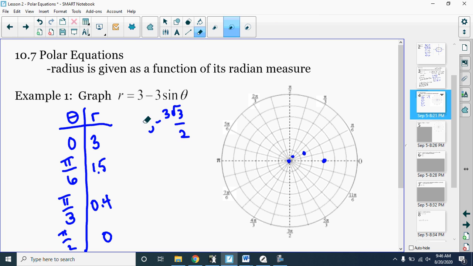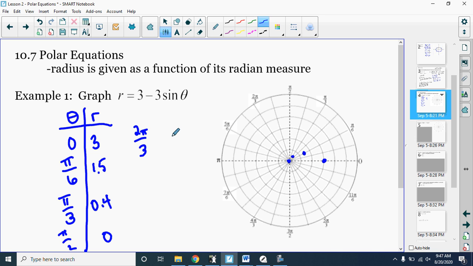And continue on. 2 pi over 3. 3 minus 3 times sine of 2 pi over 3 gives me that 0.4 value again. 5 pi over 6 gives us 1.5. Plugging in pi, sine of pi is 0.